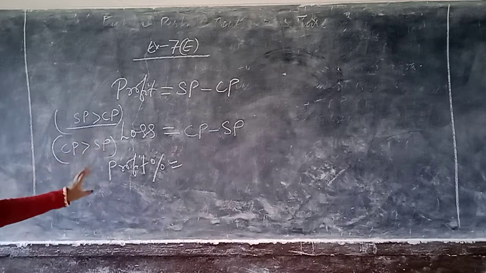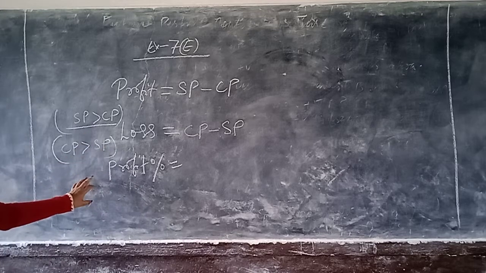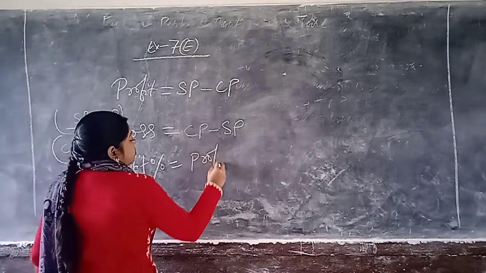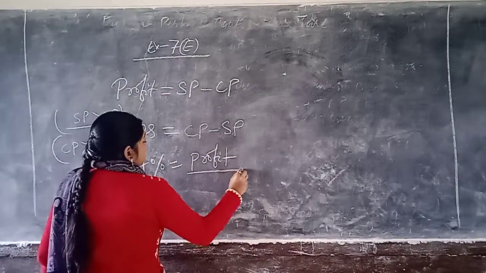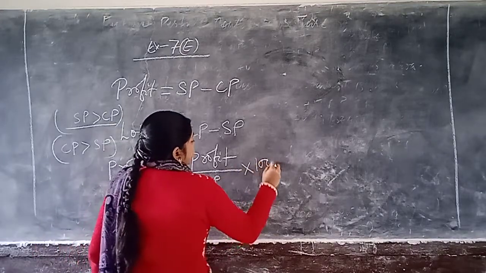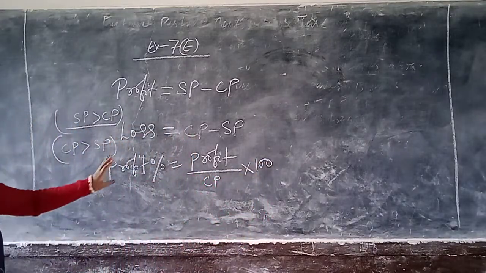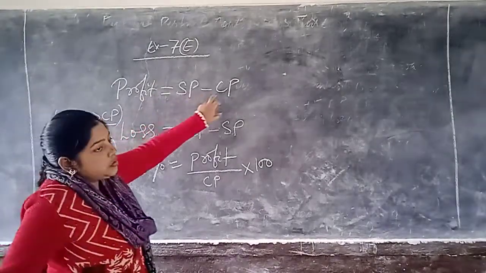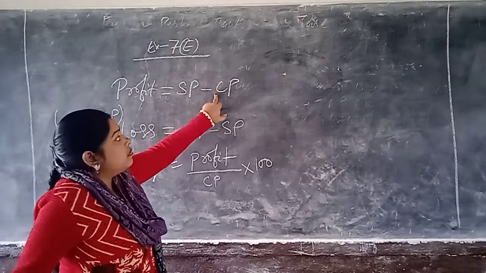Profit and loss percent are always calculated on cost price. So now the formula of the profit percent: profit by cost price CP into 100. Selling price we write in the short form SP and cost price in the short form CP.